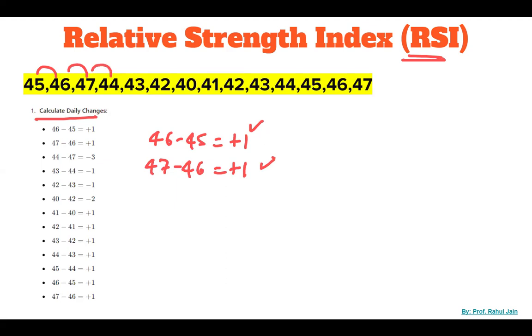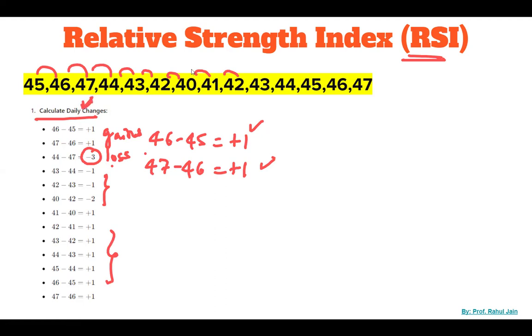Similarly, 44 minus 47 is minus 3, and that is a loss. Similarly, we will work on all this data and we will get some gains and some losses like this, right? So we need to calculate daily changes first.